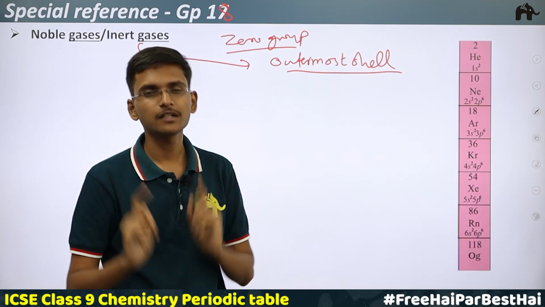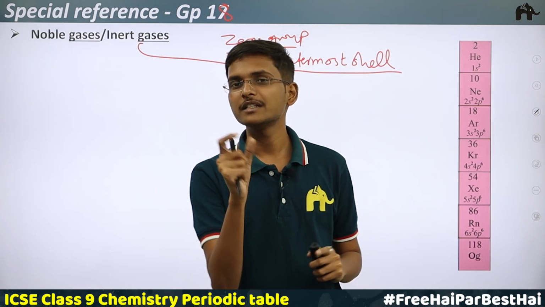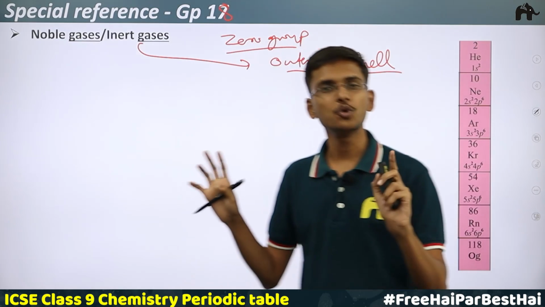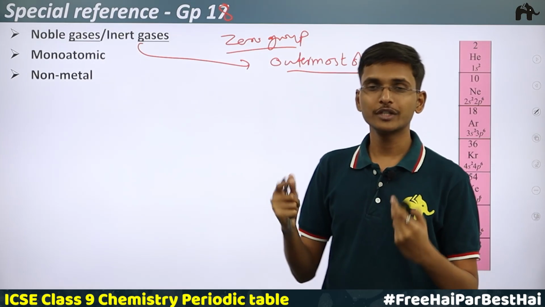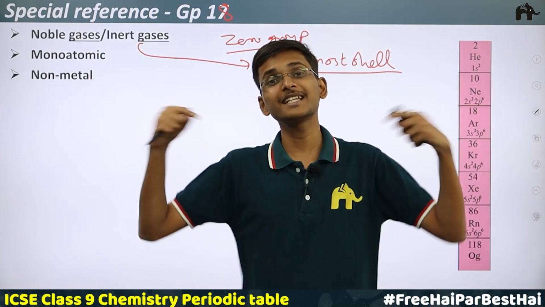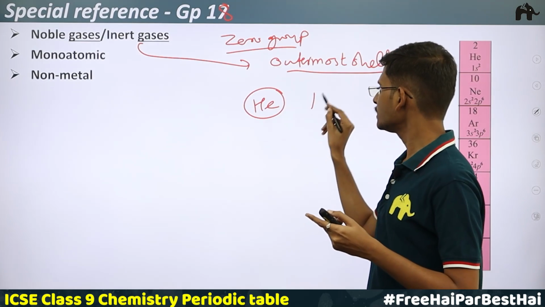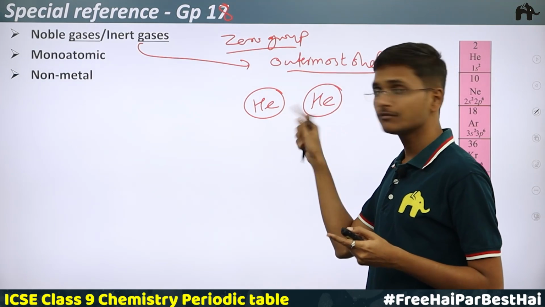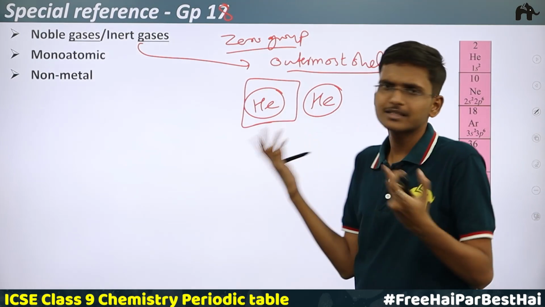Clear? For that reason they are called inert, which means they don't react, or noble gases. They are monoatomic. I have told you they don't even interact with atoms of their same element. So a helium atom won't even interact with another helium atom. It would just remain as a single atom.